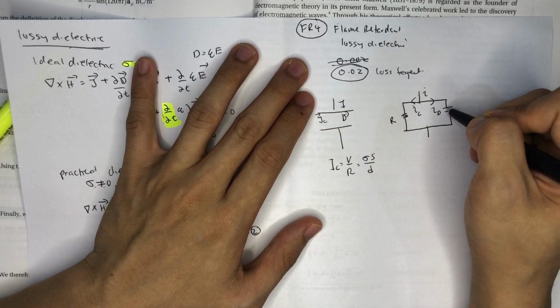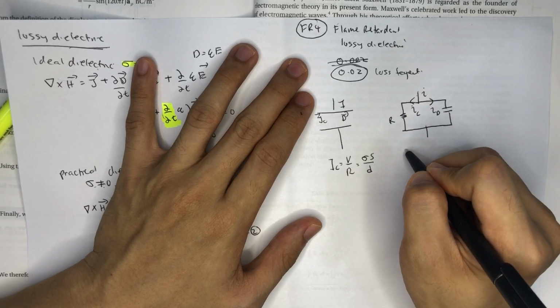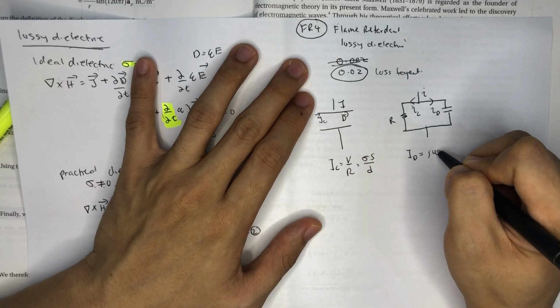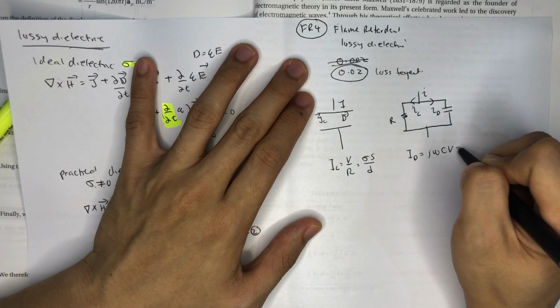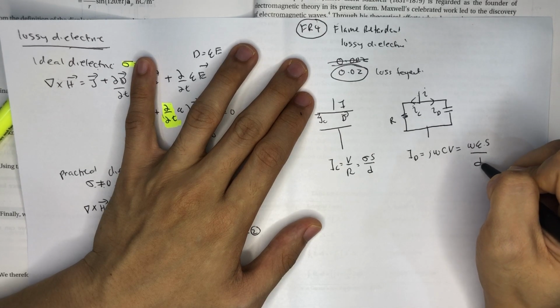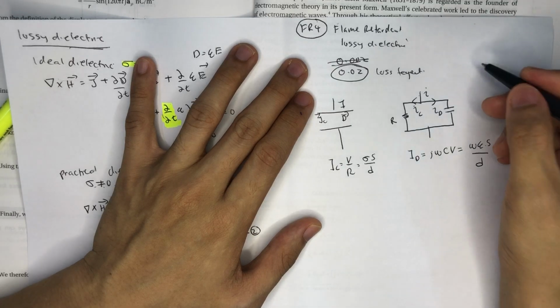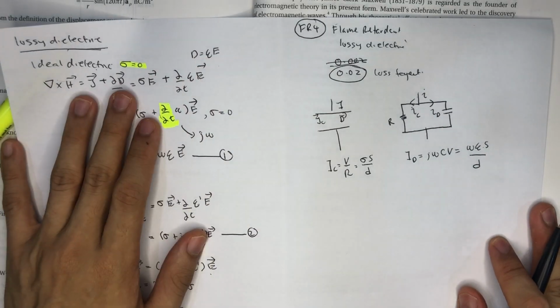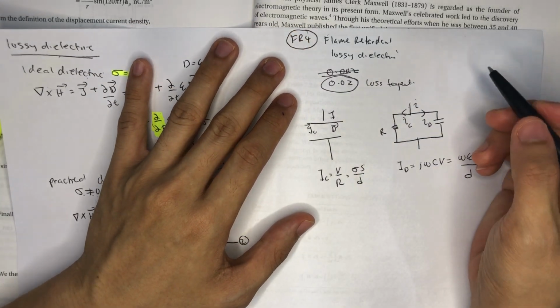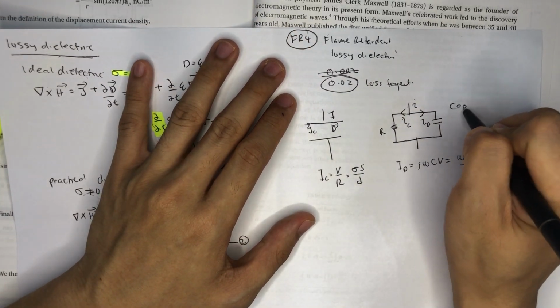So ID equals j omega CV, where C is epsilon S over D. This is for a capacitor made of a lossy dielectric.